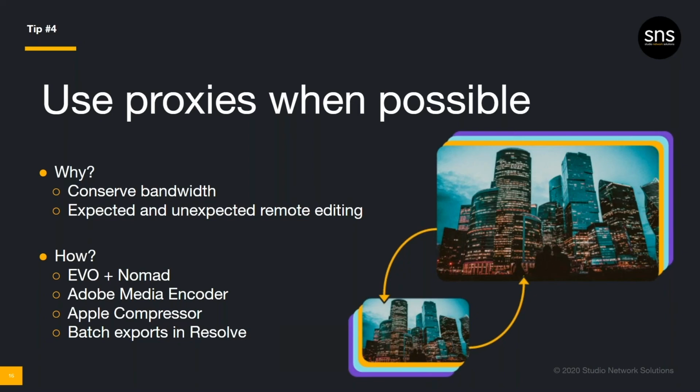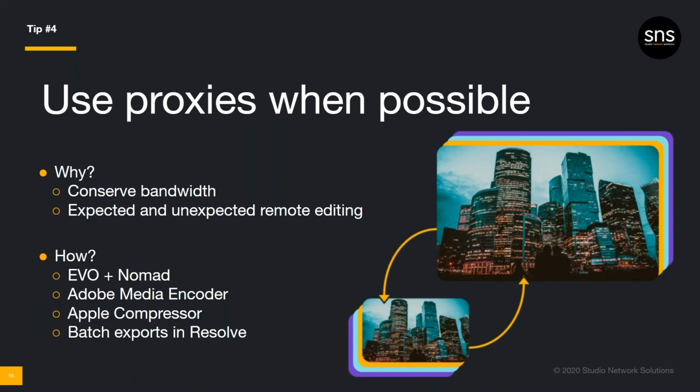Adobe Media Encoder is another option for proxy creation. It's an integrated encoding engine for Premiere Pro, After Effects, and other tools in the Creative Cloud suite. You can just tell Premiere what files you want to create proxies of, and it automatically creates them. You can also use Media Encoder as a standalone encoder as well.